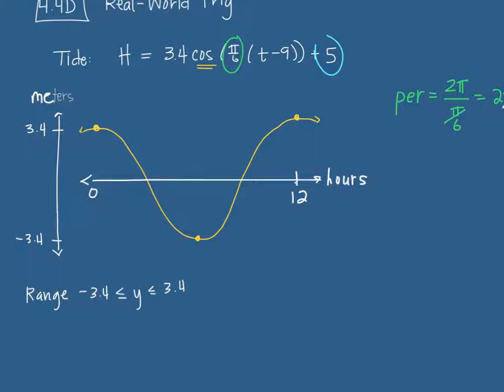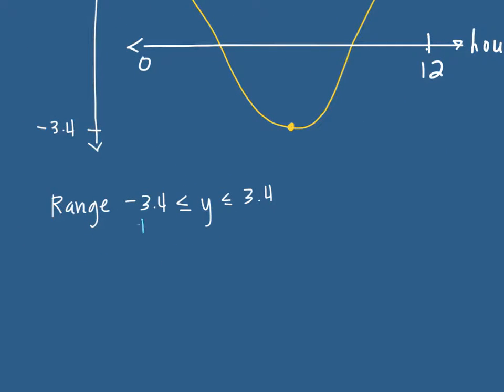Okay, this is going to be a trick. We're going to change the scale rather than shifting our graph. So if we're adding 5, we'll be adding 5 to our range like this. And so my new range on the top end would be 8.4, but on the bottom end, negative 3.4 plus 5, when I add those together, I get positive 1.6.